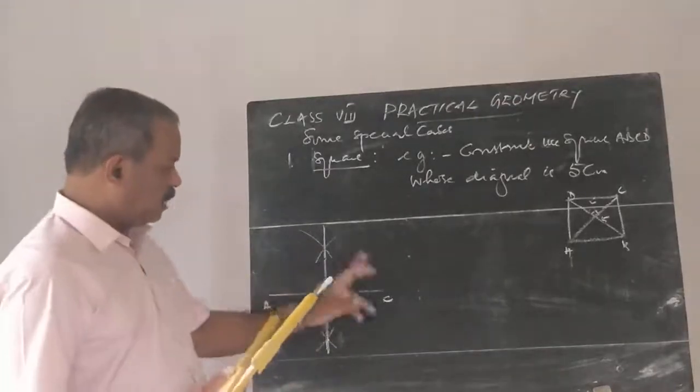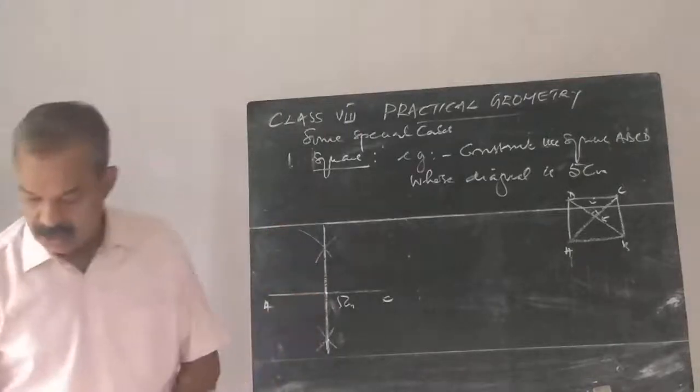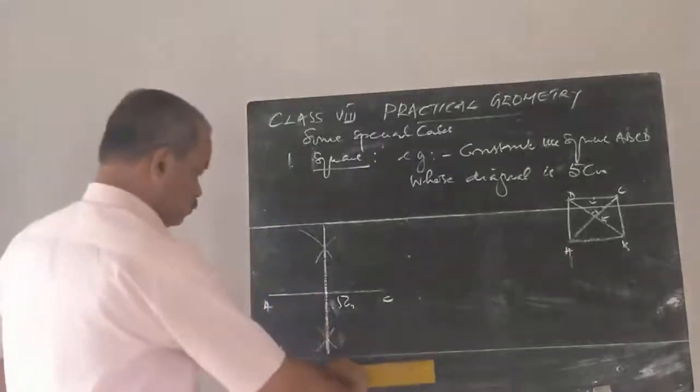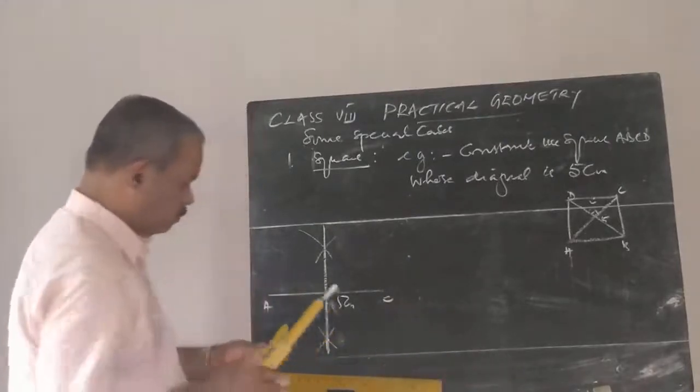The diagonals bisect each other, so we measure upwards 2.5, downwards also 2.5.